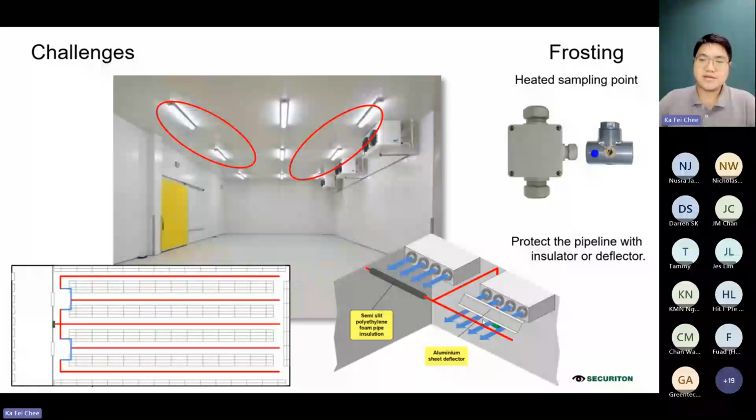And you might also introduce an aluminum sheet deflector to prevent the extreme fan air directly blowing onto the ASD pipe as well. So this is one of the methods to protect the system. If you look at the diagram below, those small rectangles are the blowers, and the pipe located right in front of the blower shall be protected with the insulator.